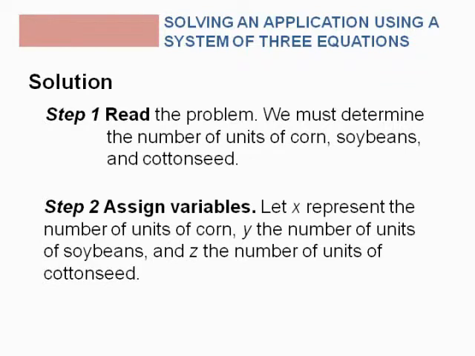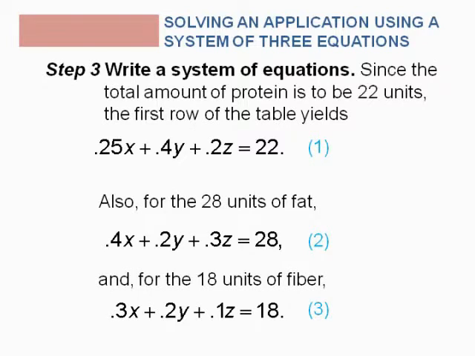Read the problem. We must determine the number of units of corn, soybeans, and cottonseed. We're going to assign some variables: let x be the number of units of corn, y the number of units of soybean, and z the number of units of cottonseed.